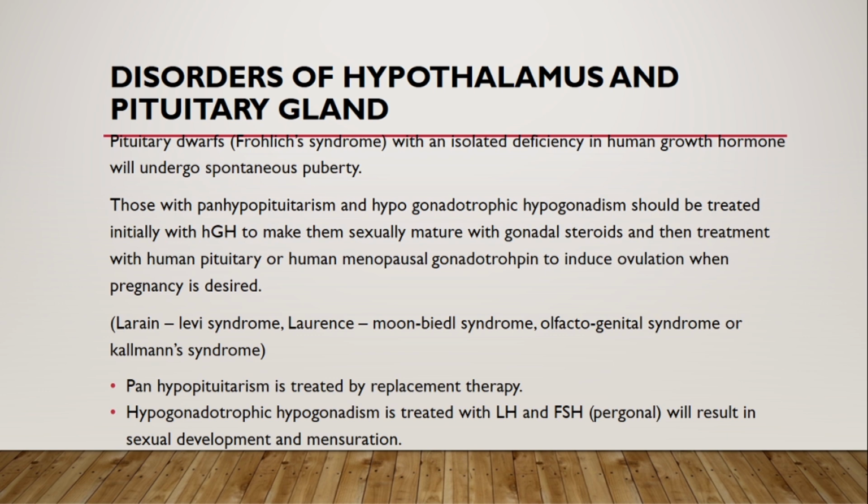Those with pan-hypopituitarism and hypogonadotropic hypogonadism should be treated initially with human growth hormone to make them sexually mature with gonadal steroids.